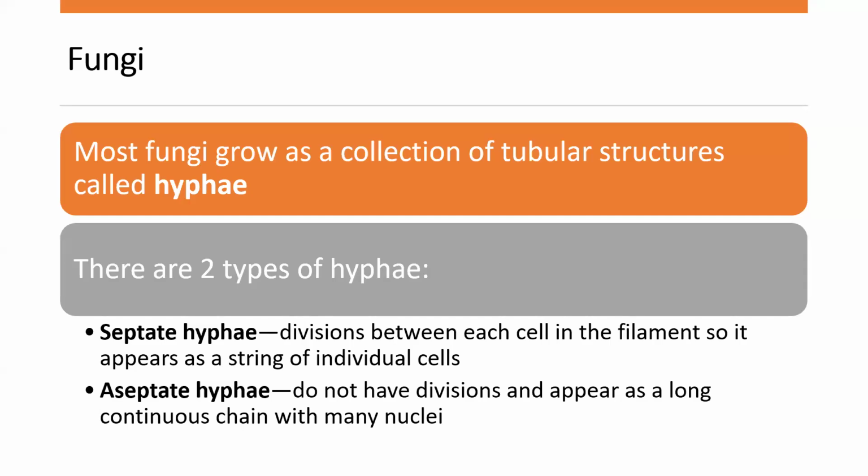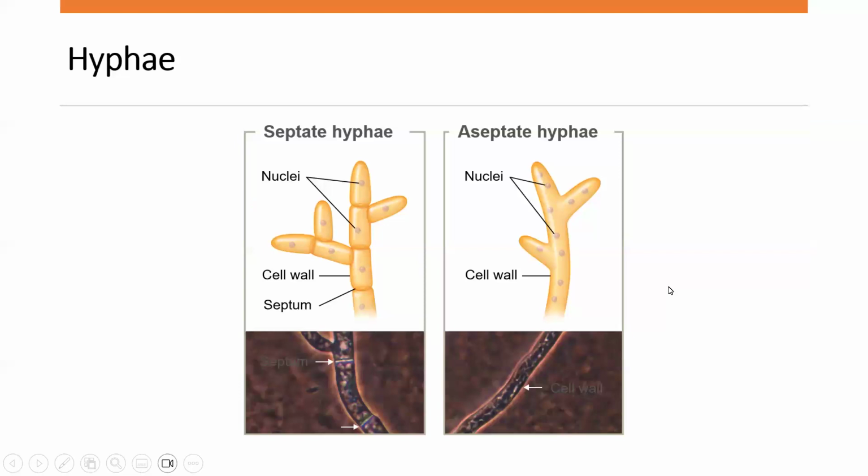So we're going to talk a little bit about structures in fungi. And one of those structures are hyphae. There are two main types of hyphae. We have septate and aseptate. So let's look at a picture of that. Here we have a cartoon on the left-hand side of septate hyphae, and you can see these little hair-like structures or root-like structures that reach out.